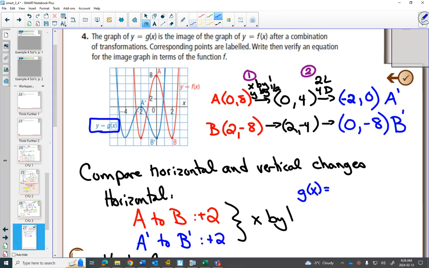We have a vertical compression. 1/2 happens out in front of the function. In terms of f, there's stuff happening inside of f. Because x is by 1, I don't have to show any horizontal stretches or compressions, but I need to go 2 to the left. X's are liars. That'll be x plus 2. And then finally, 4 down.